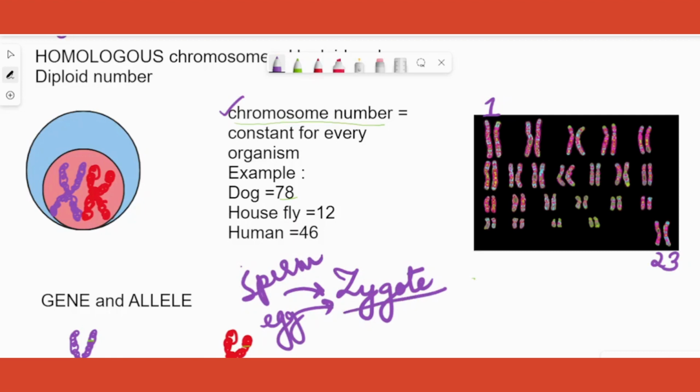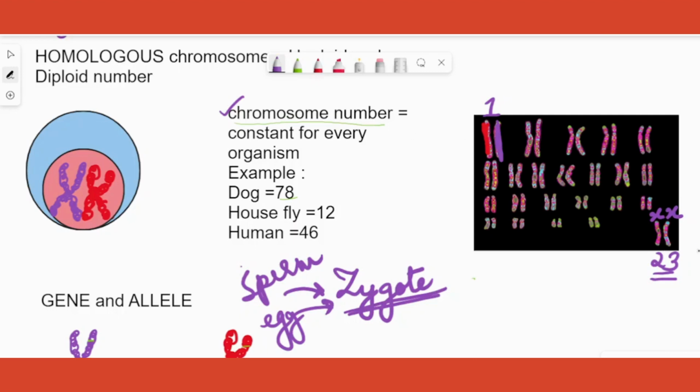So half of the chromosomes in the zygote are from the sperm and the other half are from the egg. Take the first pair of chromosomes. This one would have come from the sperm and the other one from the egg. The same thing repeats for the entire 23. Even in the 23rd set, that is the sex chromosome set, one would have come from the sperm, another from the egg.